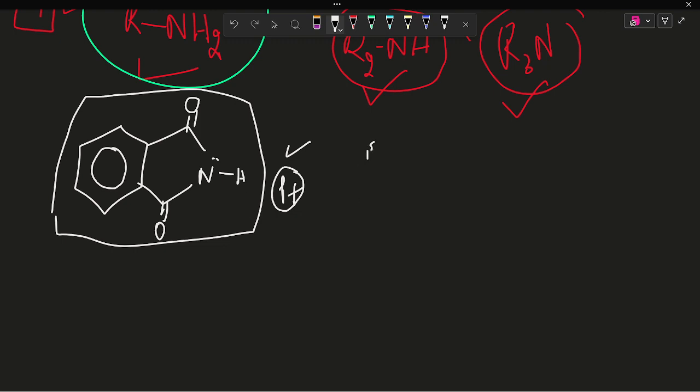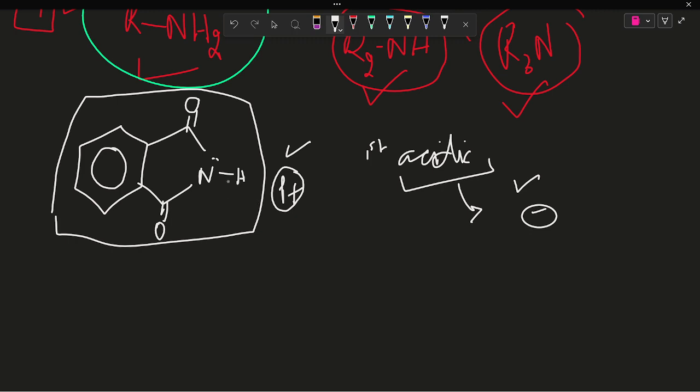The first is that it is acidic in nature, as a result of which it is very easy to convert this molecule into the phthalimide ion, PT negative, where a negative charge develops on nitrogen, which we'll be doing in the first step.